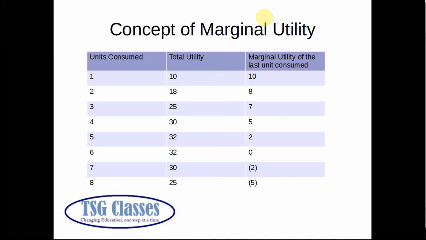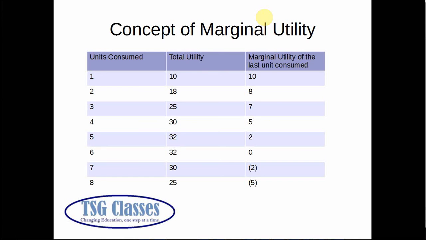Any additional slice of pizza will not give you the same joy, same satisfaction, same happiness as the previous slice did. So after the fifth slice of pizza, the sixth slice possibly doesn't give you any additional pleasure, but you have it because somebody forced you to.